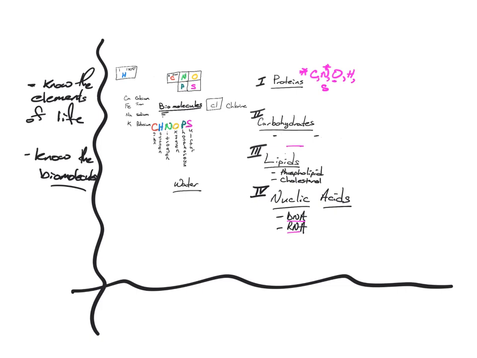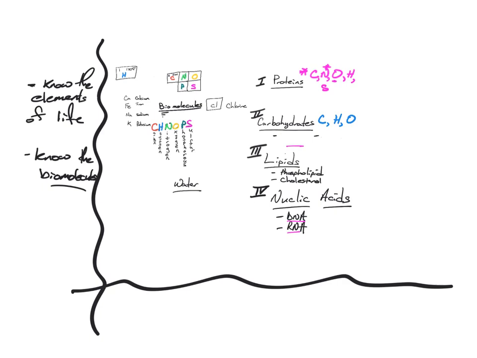Carbohydrates, get this, are just C, H, and O. CHO is carbohydrates. No nitrogen, no sulfur, no phosphorus.